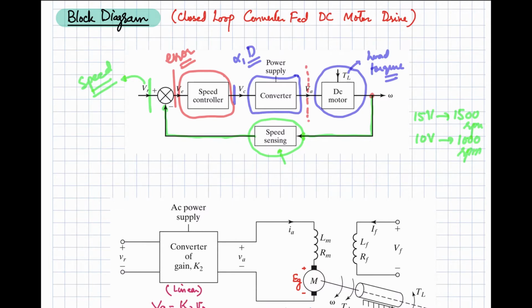It means there will be 1 volt variation for the variation of 100 RPM. So the voltage output from this speed sensor is basically the mapping from the speed from this point to the voltage over here.